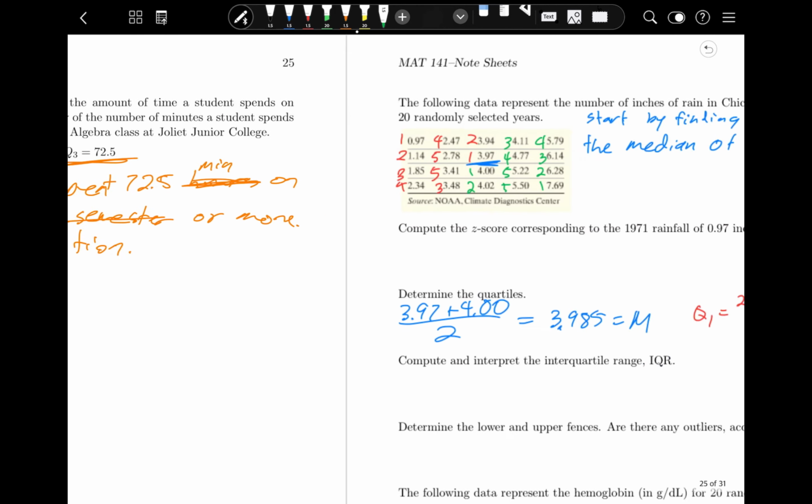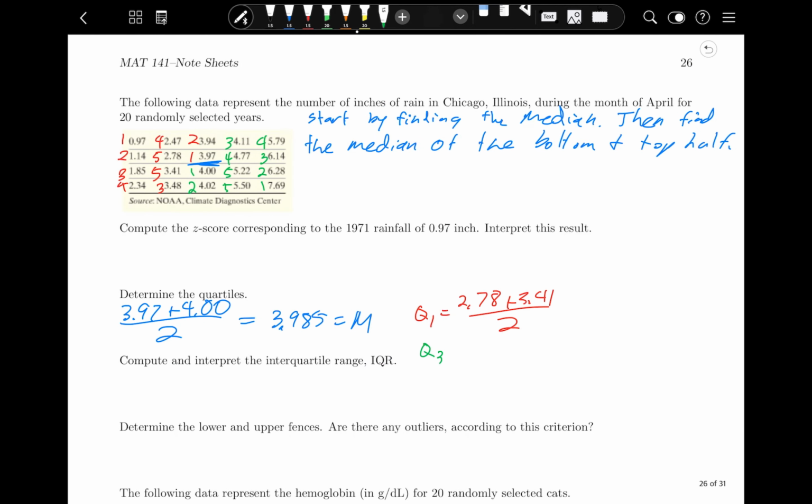And so Q3 is going to be 5.22 plus 5.50 over 2.